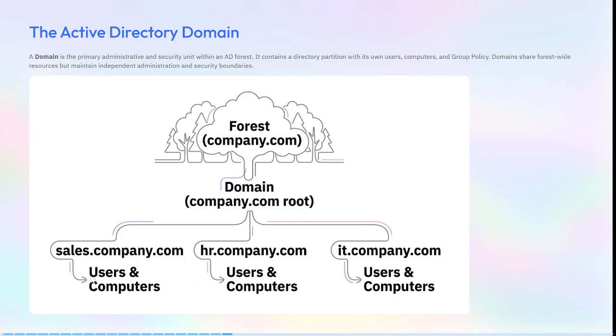These are sales.company.com, HR.company.com, IT.company.com. These all are called child domains. So in every forest we have a domain, and inside the domain we have child domains.